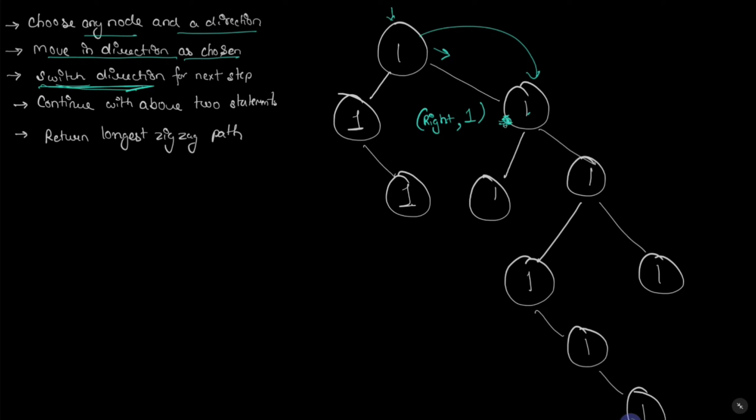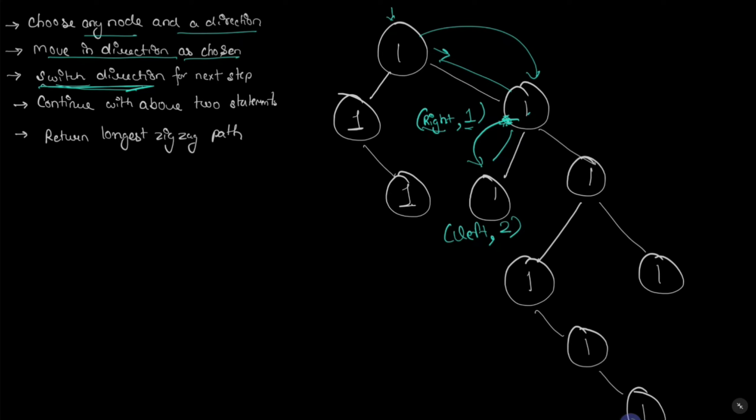So we already know that we are coming from the right direction, so we'll switch to the left direction. Now what state will we have here? We'll have left, and we'll pass the number of steps taken so far, incremented by 1. So here it will be 2. This zigzag pattern comes as a 2-step process.